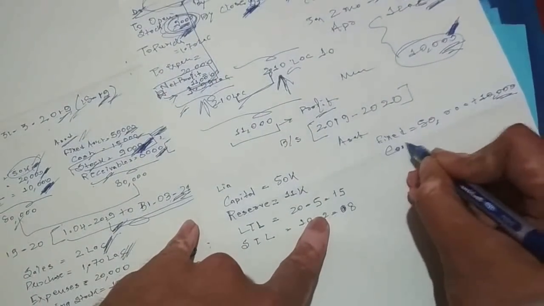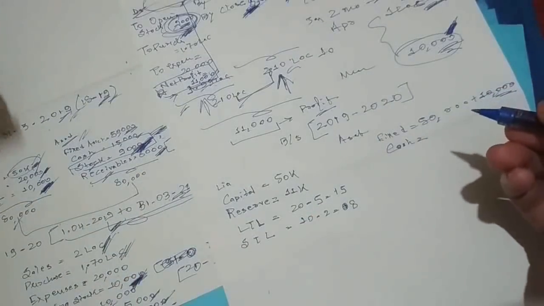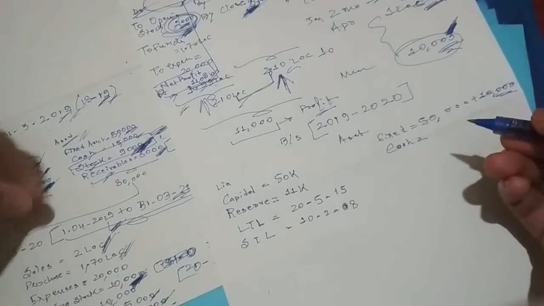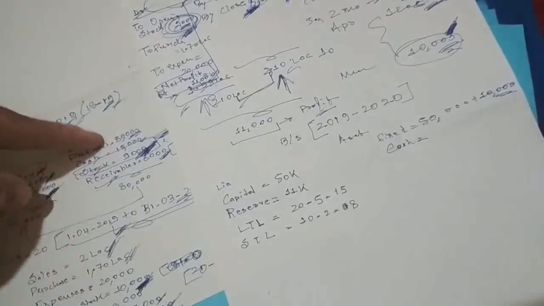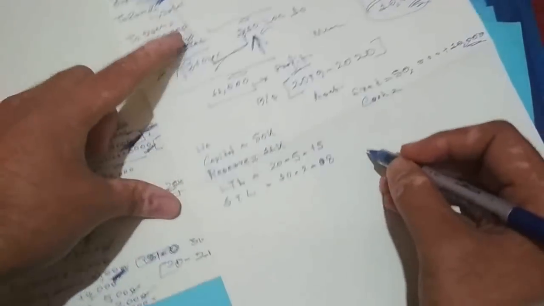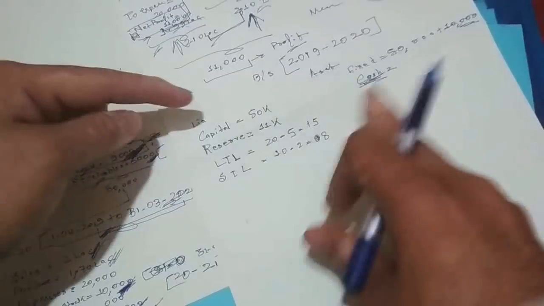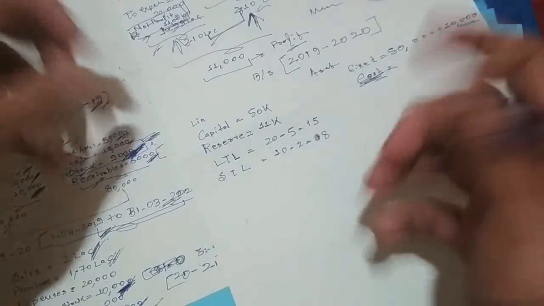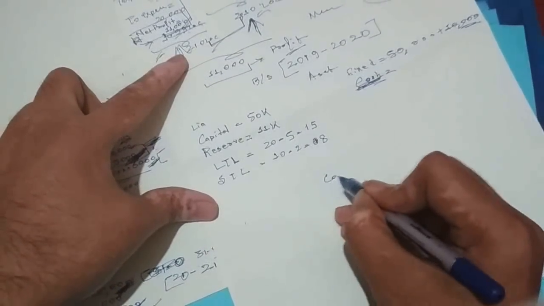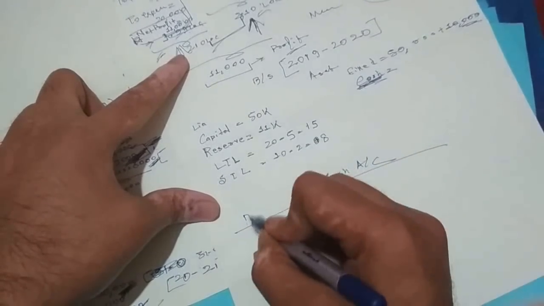Now the cash, what is the cash we are left with? Since there is no mention of the cash at all, now for cash we need to see our ledger. As I told you, the balance sheet is made with the help of the ledger, so we will see the cash account, the debit and credit.